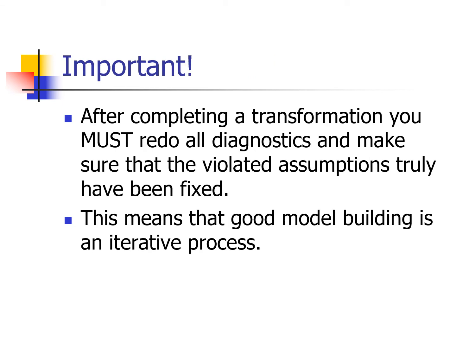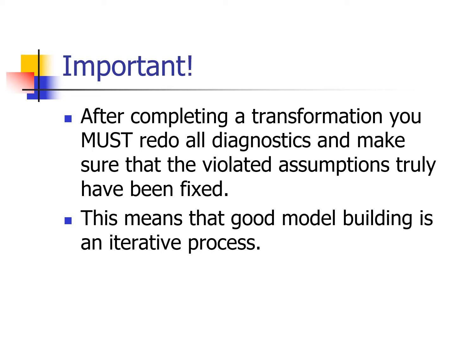Now, an important takeaway. After we complete a transformation, we must recheck all of our diagnostics and make sure that those originally violated assumptions have now been fixed. We don't just take a transformation like slapping on a band-aid and say we're done. It's not that easy.